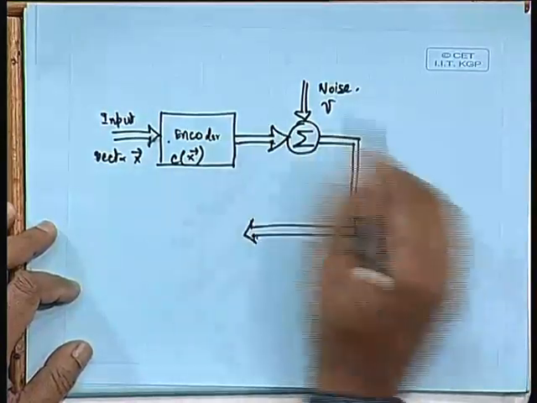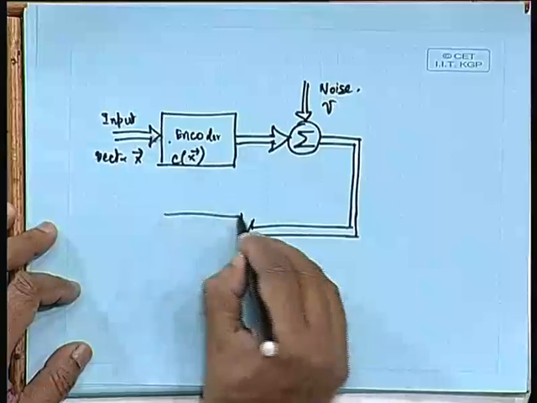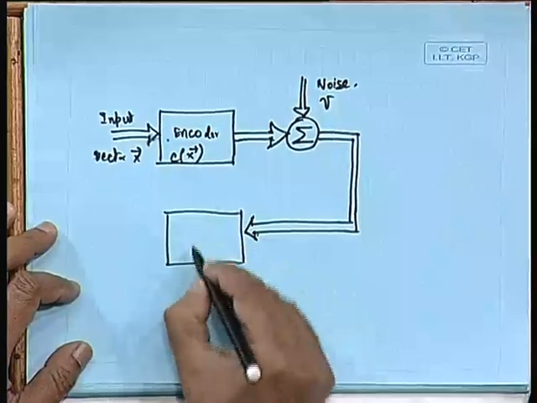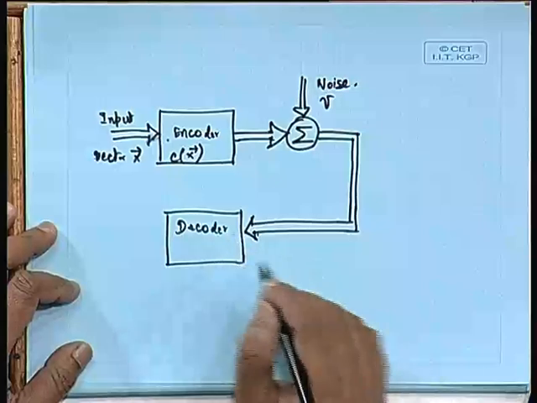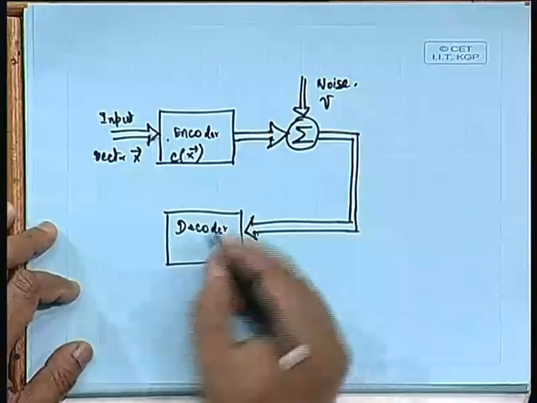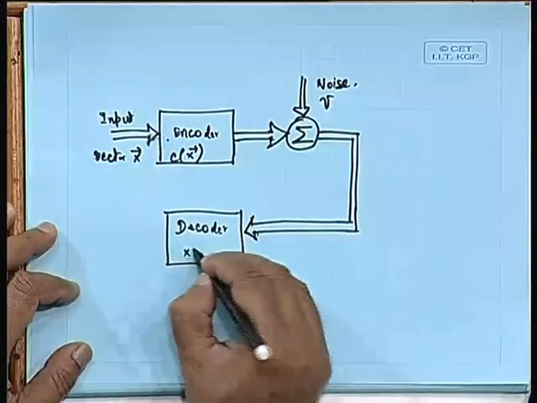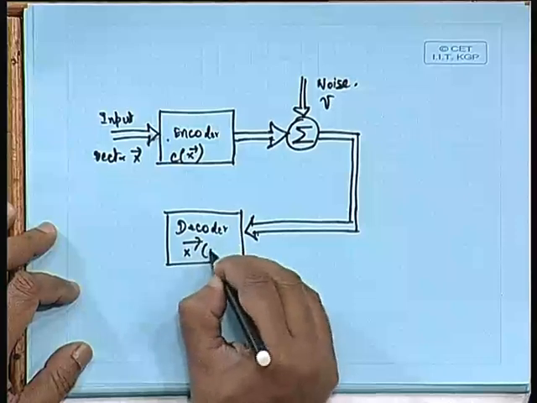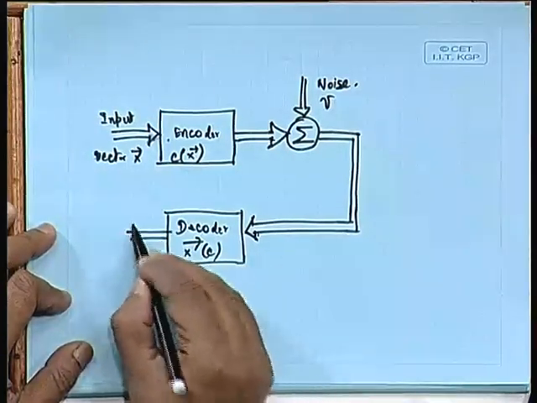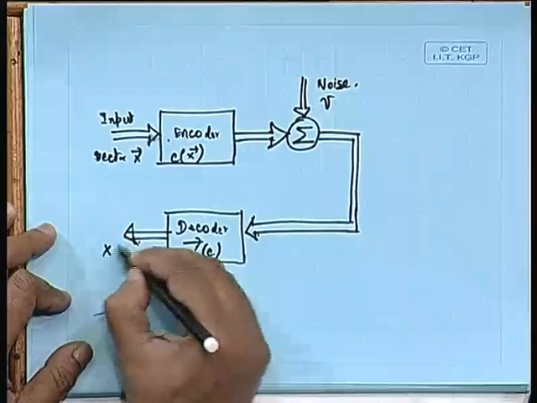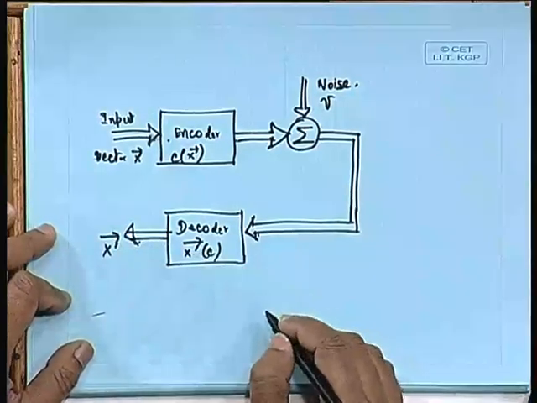This is the channel effect, and then comes the decoder. Although this is an analogy to communication, mind you, we will be talking specifically about the analogies a little later, the encoder decoder model analogy with the self organizing map. And here we will have the reconstructed vector, that is x prime vector.